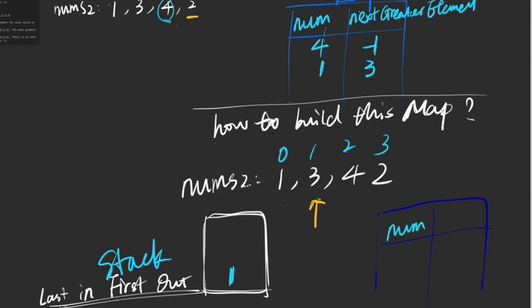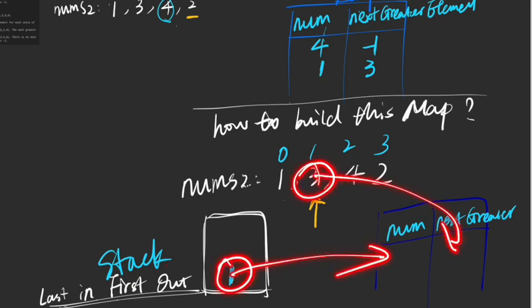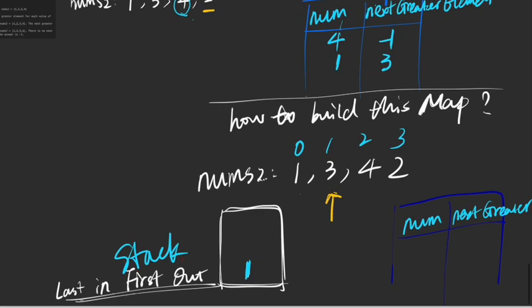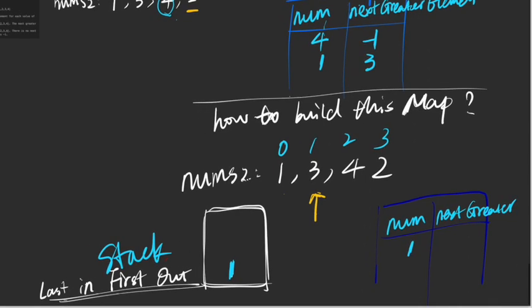Like this is the number, and the next greater one. So the number is 1 here. The greater is 3, so we just put 1 here with greater 3. Since its job is already done, we can just remove this number and then put the current number into the stack.